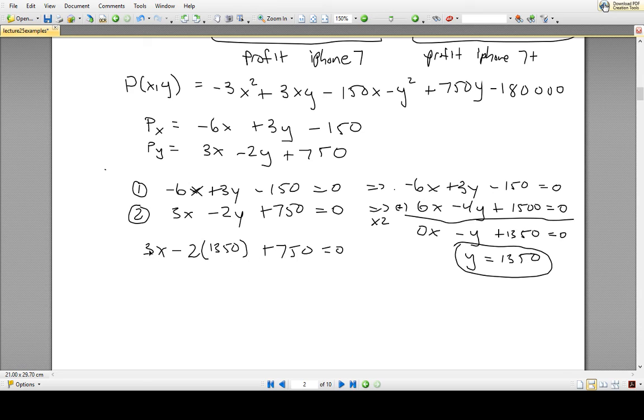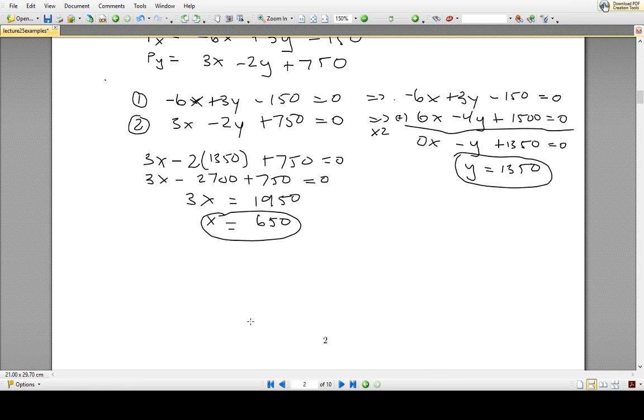So 3x minus, if I simplify this a little bit, this becomes minus 2,700 plus 750 equals 0, which means 3x is equal to 1,950. And if I divide both sides by 3, I end up with x is equal to 650. So this is the price that we would like to sell the iPhone 7 for, $650.